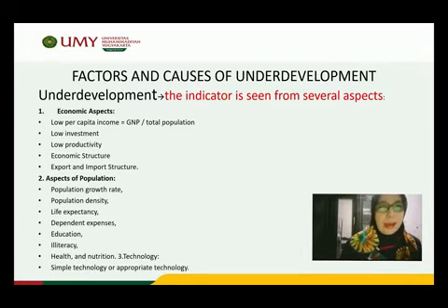Underdeveloped means no access for economic, no access for infrastructure, no access for prosperity, no access for dignity, no access for a good environment. What are the aspects?